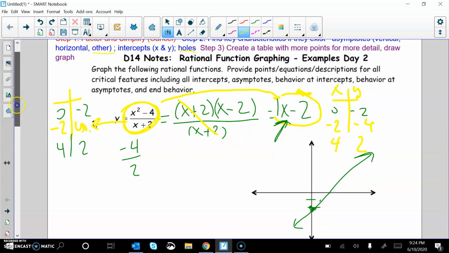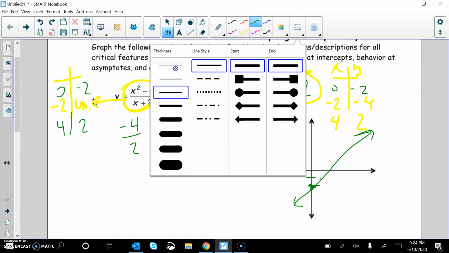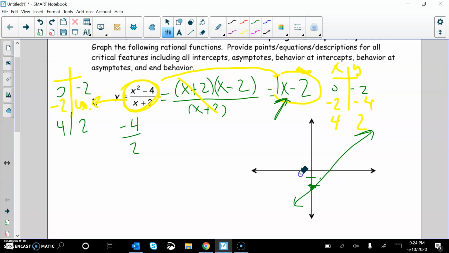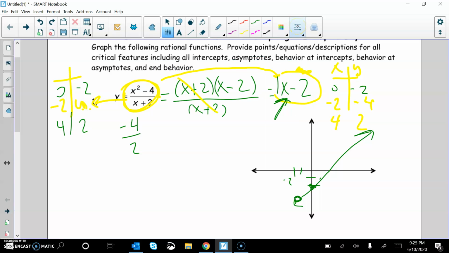So what's happening there, let me find that point. When x is negative 2, right here it's undefined. So at that point, you would leave it blank. You put a hole there. If you're drawing it by hand, just draw a little donut. If you want to find out where that hole is, you plug into this function.